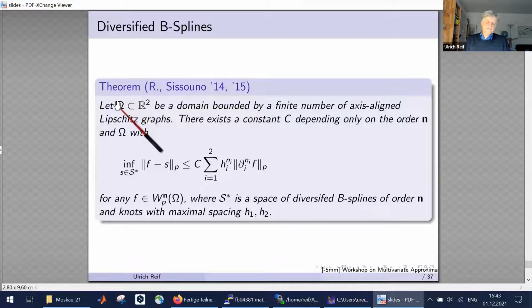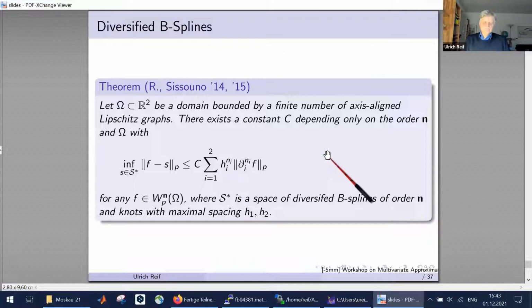To start with, here's a restriction. This works in 2 dimensions. In the bivariate case, if the domain is bounded by a finite number of axis-aligned Lipschitz graphs, then you can find a constant c which depends only on the order and the geometry of omega, such that the optimal error estimate applies, with pure partials and powers of h.